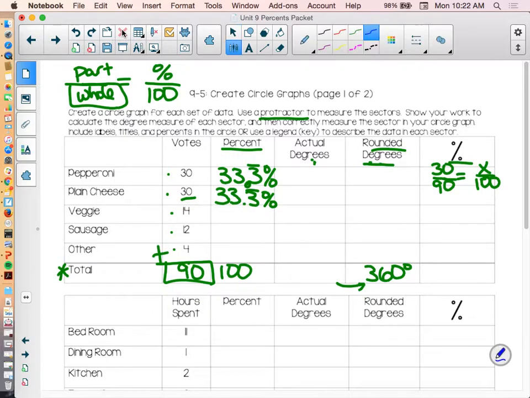And we're going to think of, okay, 360 degrees is now our new total over here. We want to figure out what the total would be out of 360. So I'm going to write that over here. If you're figuring out the actual degrees, you're taking your percent, in this case 33 1/3, try not to round, out of 100 and figuring out what that would be out of 360 instead.